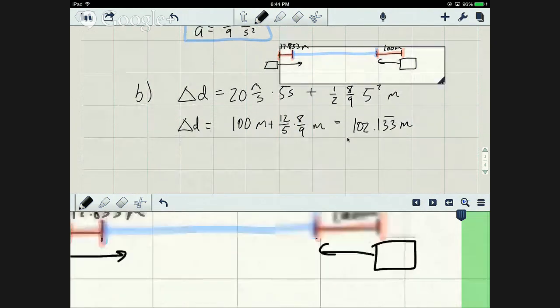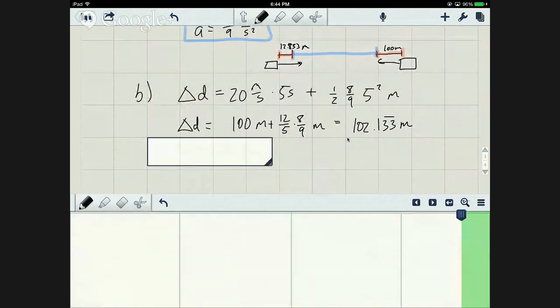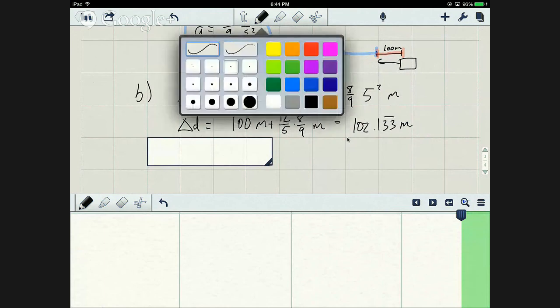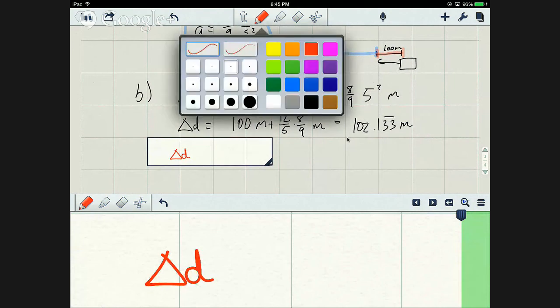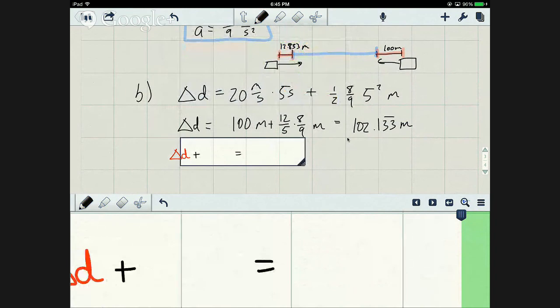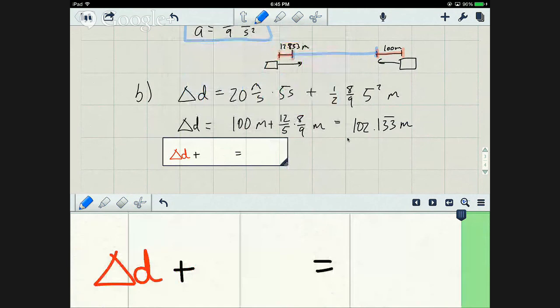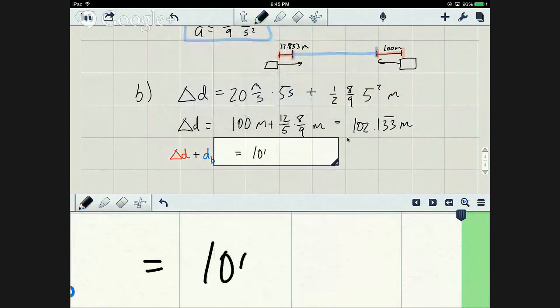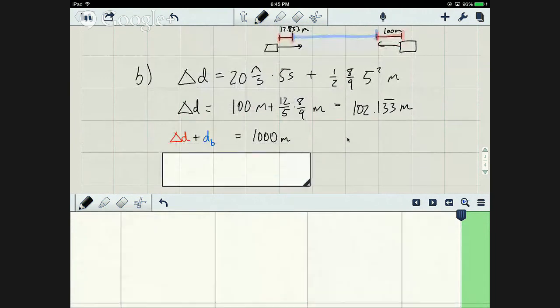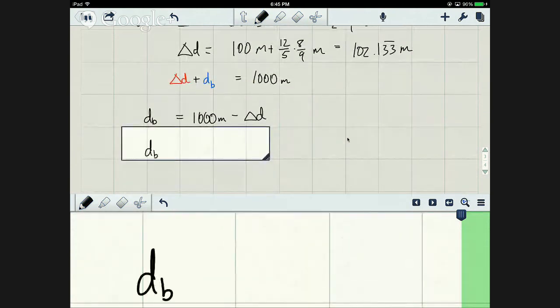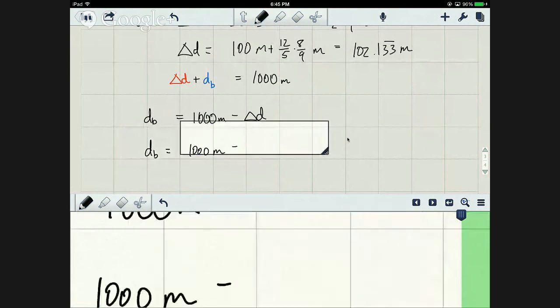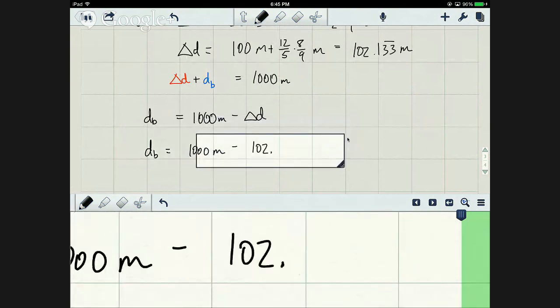Now the part in the red plus the part in the blue, which is what I'm interested in, is equal to 1,000 meters. So we've got delta D, plus what we don't know yet, what we're looking for, the difference between the two, called D sub B for D between, must be equal to 1,000. So 1,000 minus delta D equals dB. So dB, the distance between them, is 1,000 meters minus 102.133.